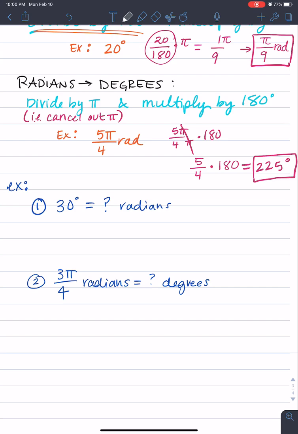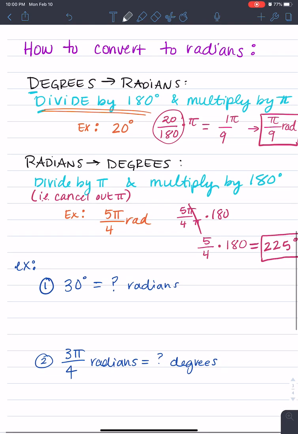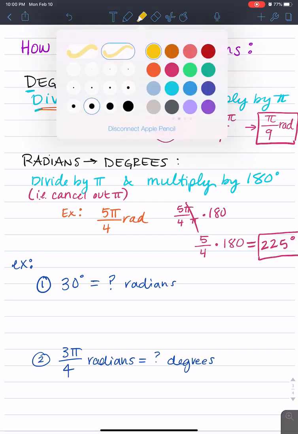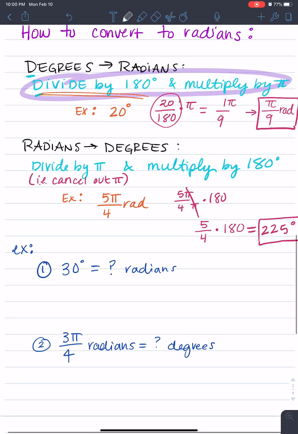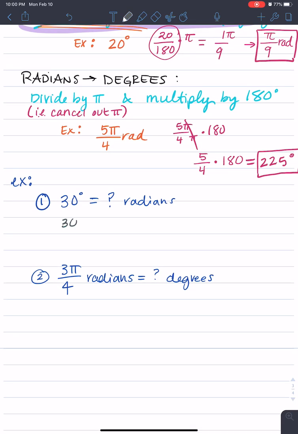So we are going from degrees to radians. So that's going to be dividing by 180 and multiplying by pi, right? So I'm going to take 30, divide by 180, and multiply by pi. But remember, don't type pi in your calculator. That's just silly. Okay?